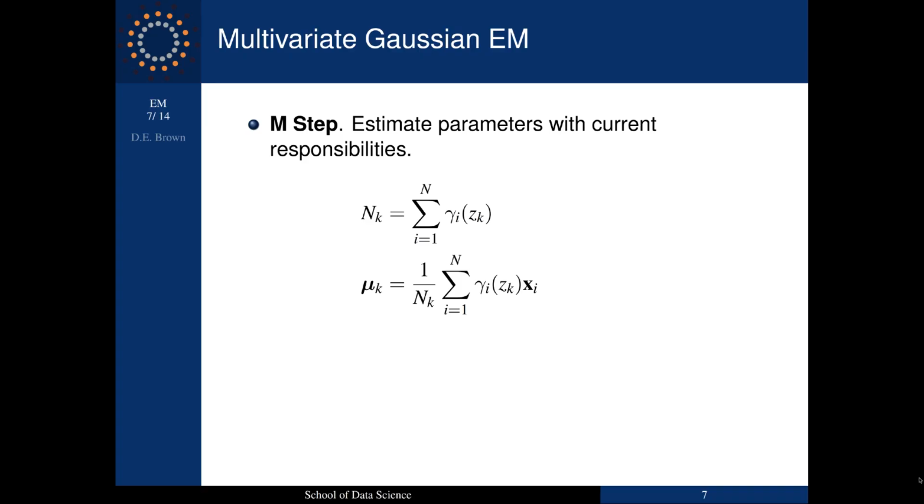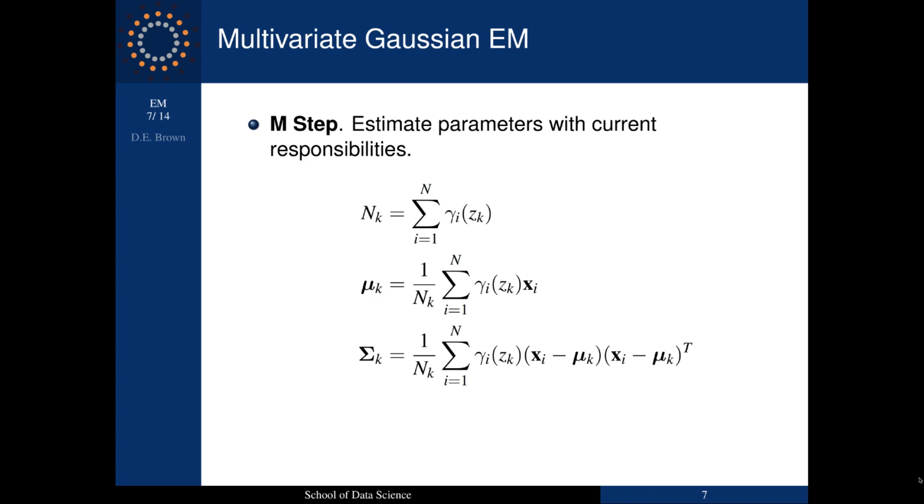And then we're going to do that as well for the mean vectors for each one of the components. Again, exactly as the definition of those parameters, we're going to find it as the weighting of the observations where the weighting is the responsibility assigned to that observation for that particular component. And then again, averaged by dividing by the number of observations in a component.